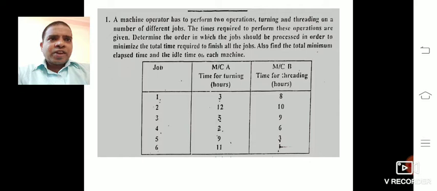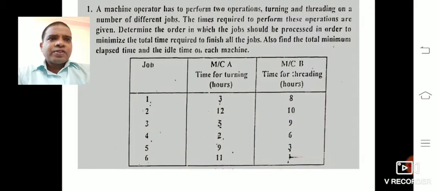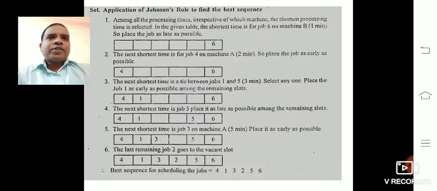Here the minimum time is 1, for job 6 on machine B. In the first step, among all the processing times, irrespective of which machine, the shortest processing time is selected. In the given table, the shortest time is for job 6 on machine B, 1 minute.